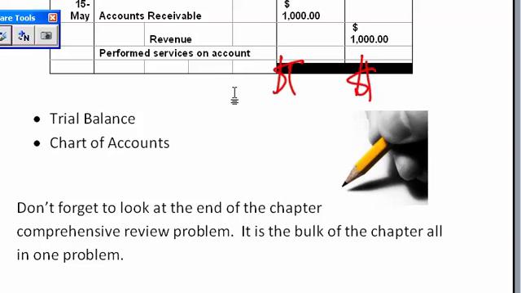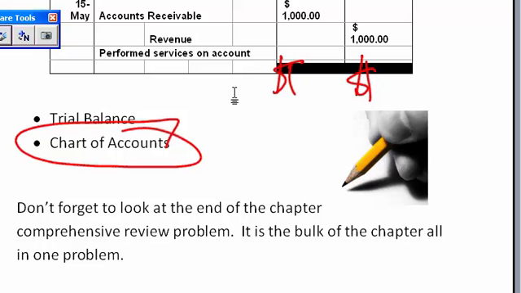The last concept here then is the chart of accounts, and that's how we know what accounts we're going to use. So when you set up a company, you set up the chart of accounts. You decide, are you going to have utilities expense, or are you going to break that down and have electricity expense and sewer expense and water expense? Do you group them together? Do you keep them separate?